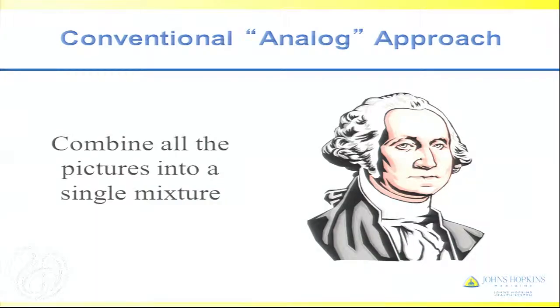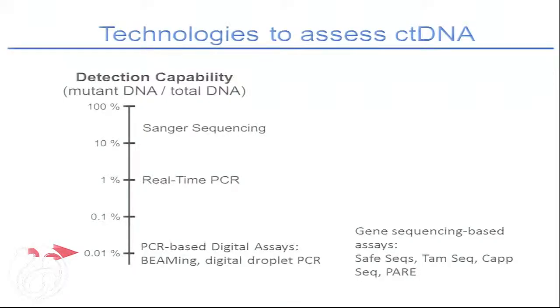If you had a test that had a 1% detection level, well, you might not see it, and it might just look the same as the wild type. However, if you looked at every single one of these George Washingtons individually, eventually you would find the one that is a little bit different. And that's the fundamental basis of digital genomics, digital PCR.